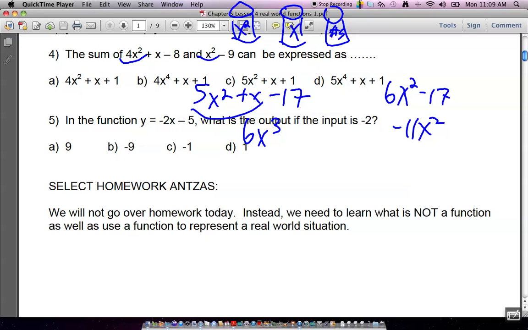If I say to you, what is a hippopotamus plus 2 more hippopotamus? 3 hippopotamus. But if I say, what's 2 hippopotamus plus 3 giraffes, what is that? Hippos and giraffes, they're different things, okay? You can't combine them. So, 6x cubed is not possible.